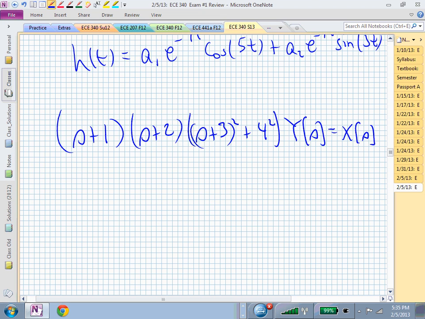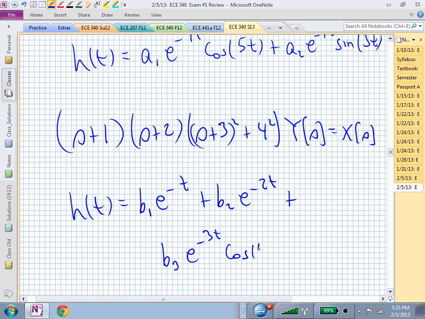Now your zero input response or your impulse response structure would be b1 e to the minus t plus b2 e to the minus 2t plus b3 e to the minus 3t cosine of 4t plus b4 e to the minus 3t sine of 4t.